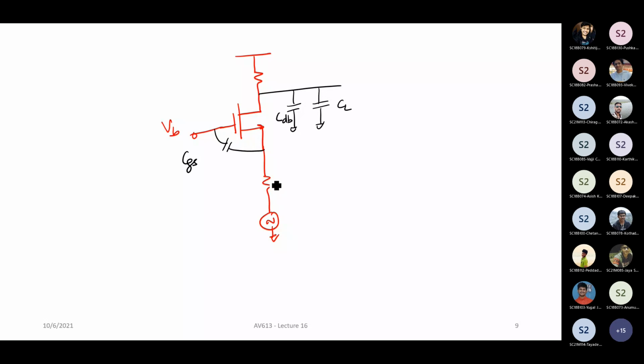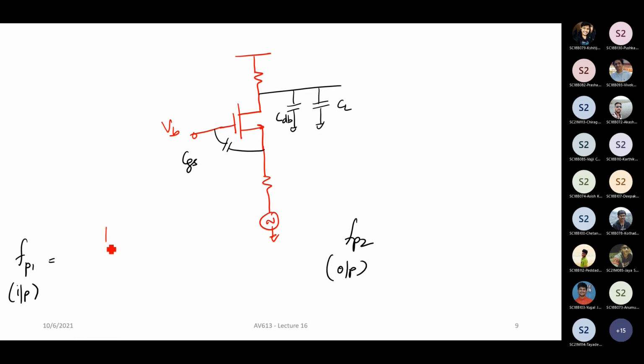What all said and done, you basically have two poles here, right? Pole 1 is associated with the input. Let's say FP1 is the input related pole, and FP2 is the output related pole. What is the expression for the input related pole?